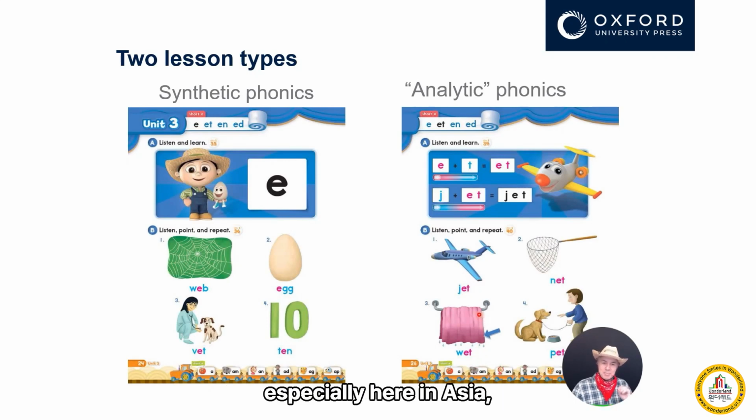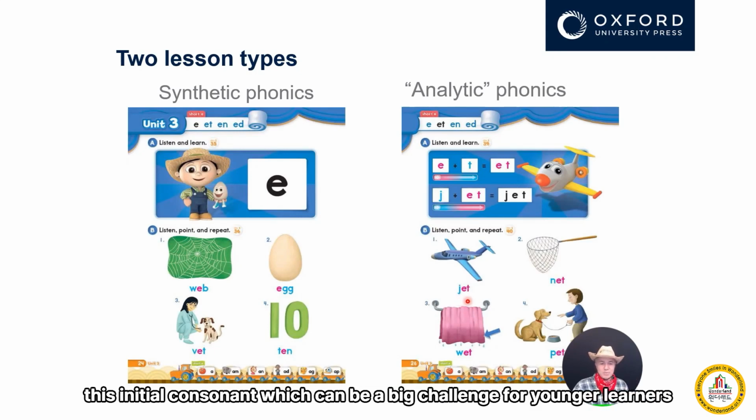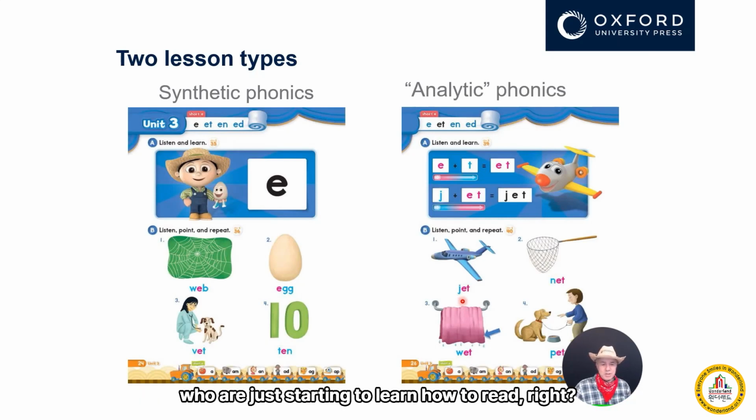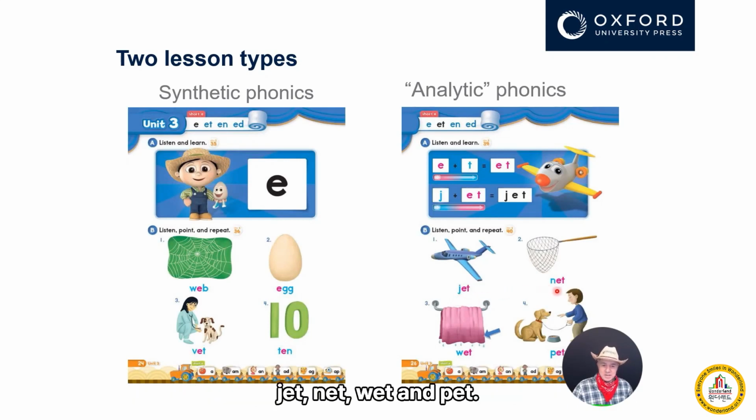A big advantage, especially here in Asia working with EFL students, is it allows them just to focus on blending in this initial consonant, which can be a big challenge for younger learners who are just starting to learn how to read, right? So we just focus on blending in this first consonant: jet, net, wet, and pet.